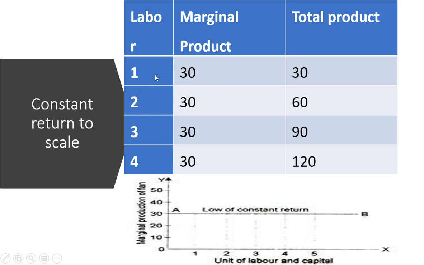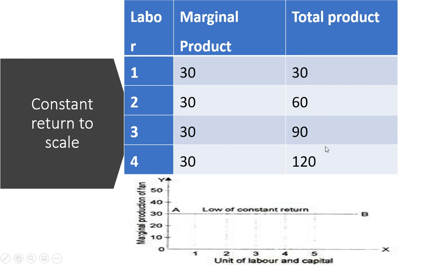As you can see, every laborer is giving us the same level of production. No laborer is superior to the other. Every laborer is giving us the same level of production, so it means that this particular production function exhibits constant returns to scale, and our total product is increasing at a constant rate.